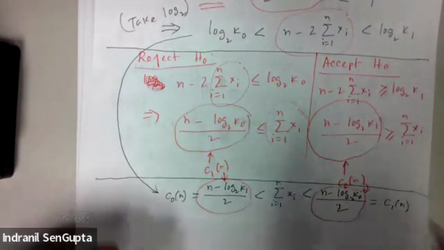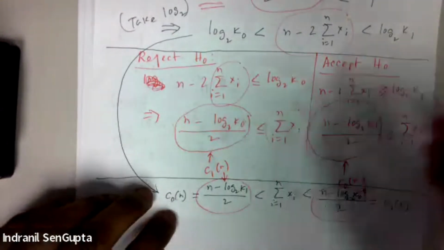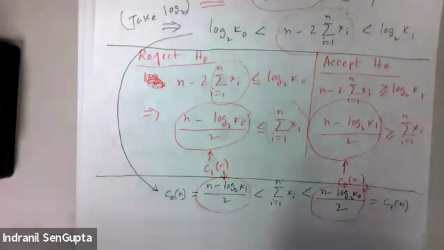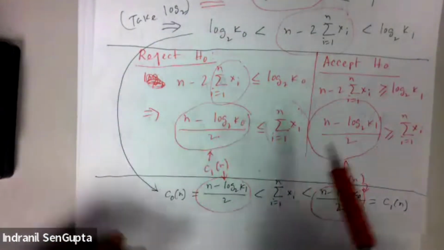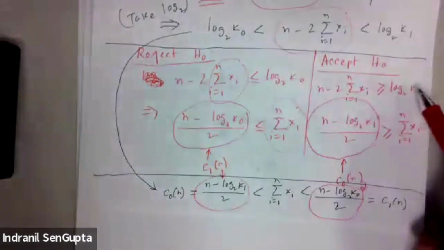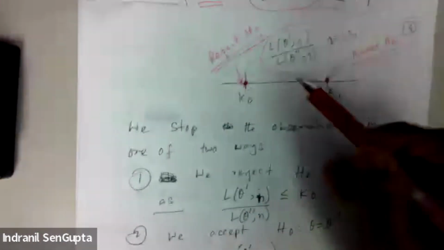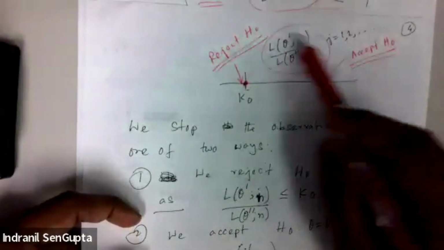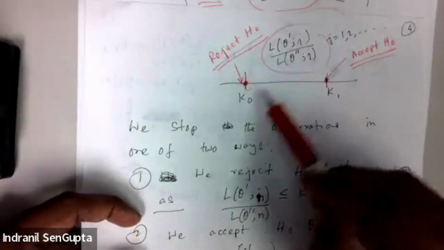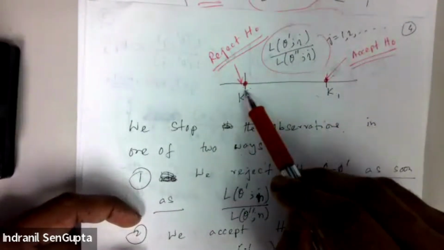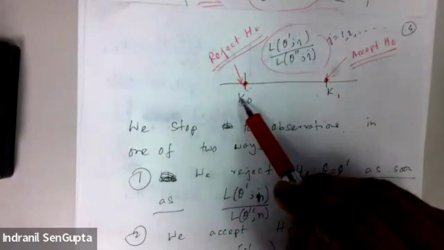But please note that when we started doing this test, with just a simple ratio, we reject the null hypothesis as soon as it's less than or equal to k0, right? So if it's a left endpoint, we are rejecting.